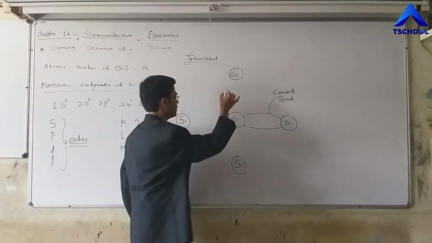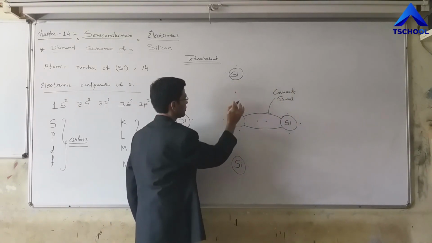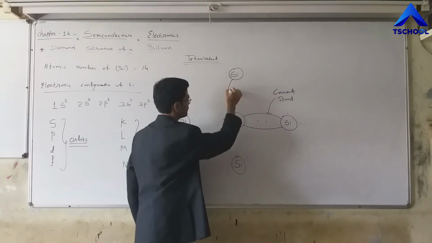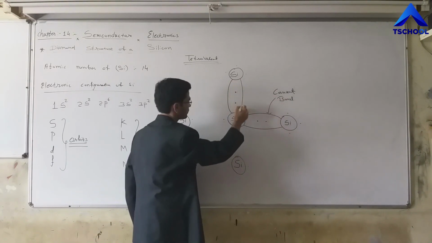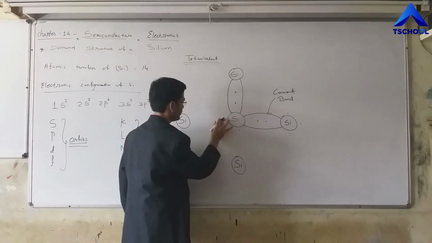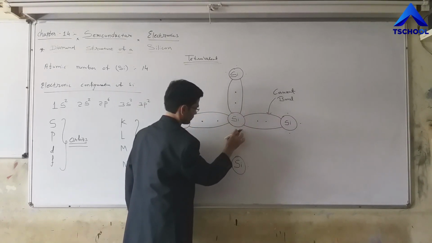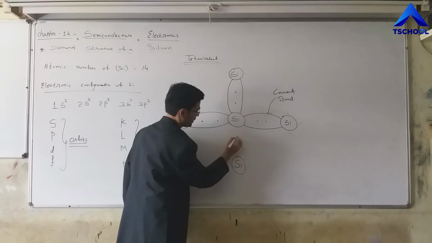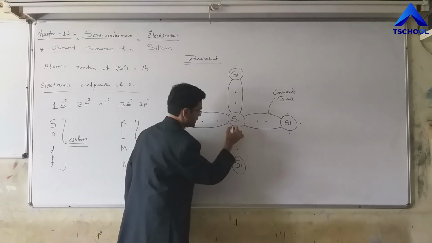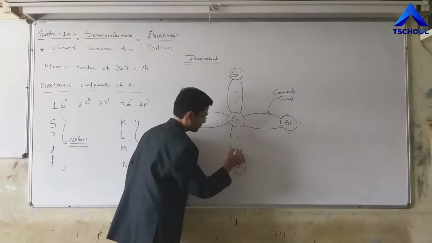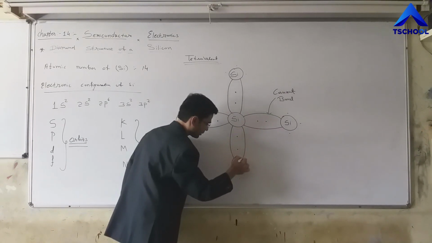In the same way, by sharing one electron of each silicon atom, it forms a covalent bond.